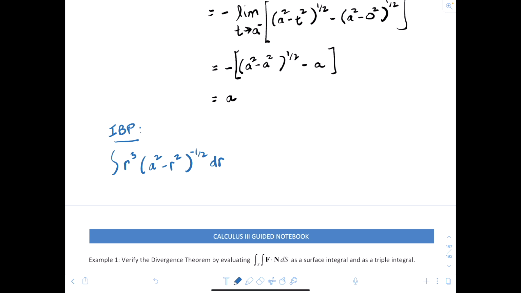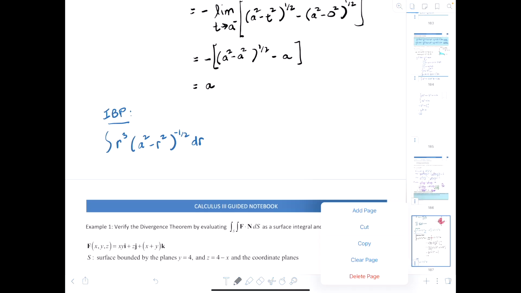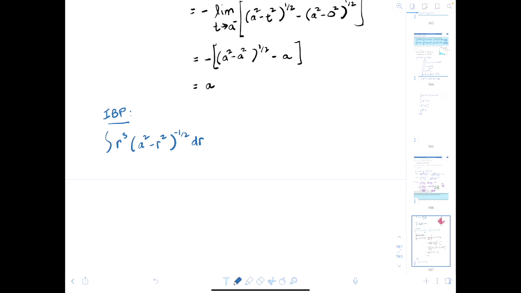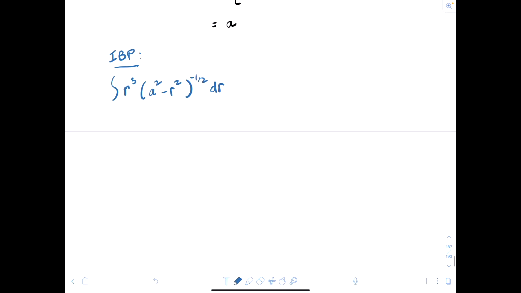Got to add another page. And then we're going to have our u equal just to r squared, because we need an r to integrate the second part.